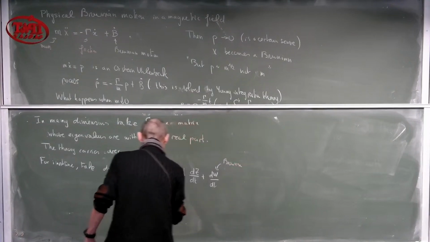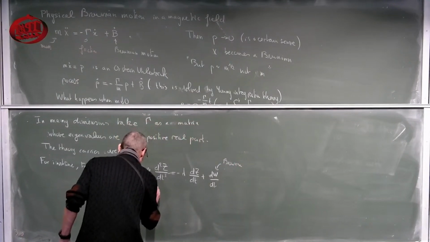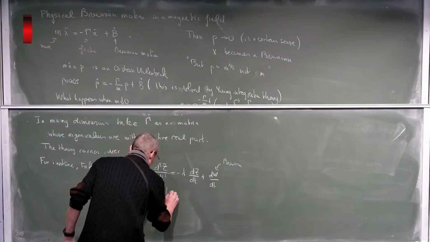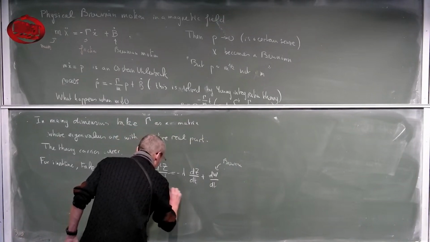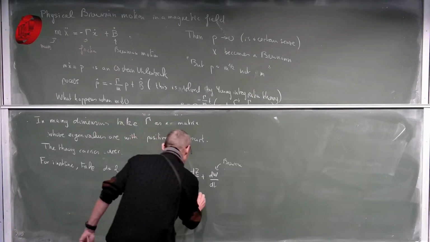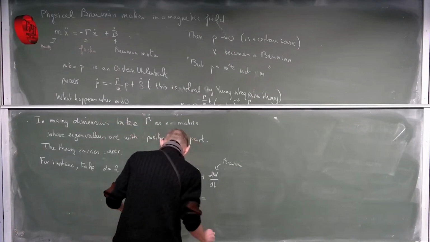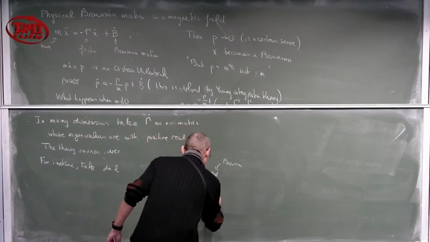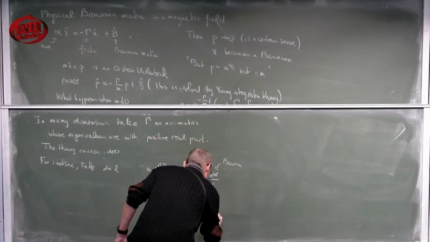We have a complex notation. And lambda is equal to, how should I say it, gamma, this is really the friction.